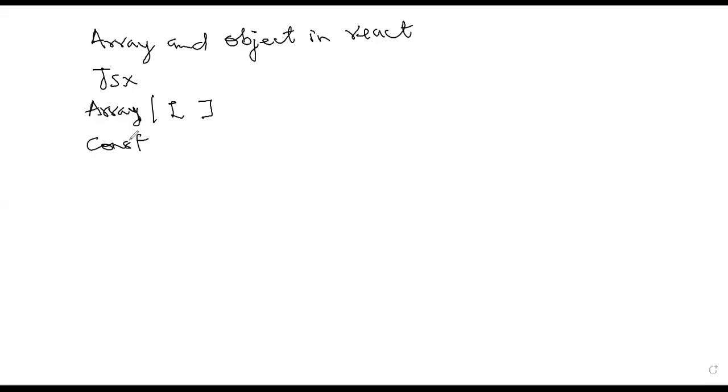A constant variable can be updated. When I say updated, it simply means that you can add to the list of array, but you cannot change the values that are already in that list. While a let variable can change.